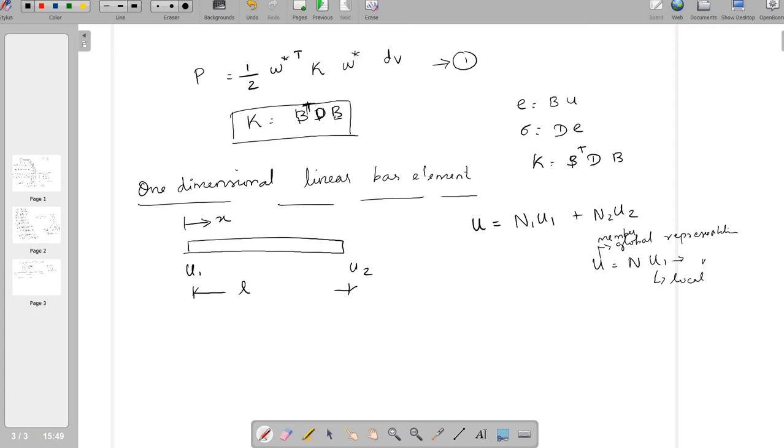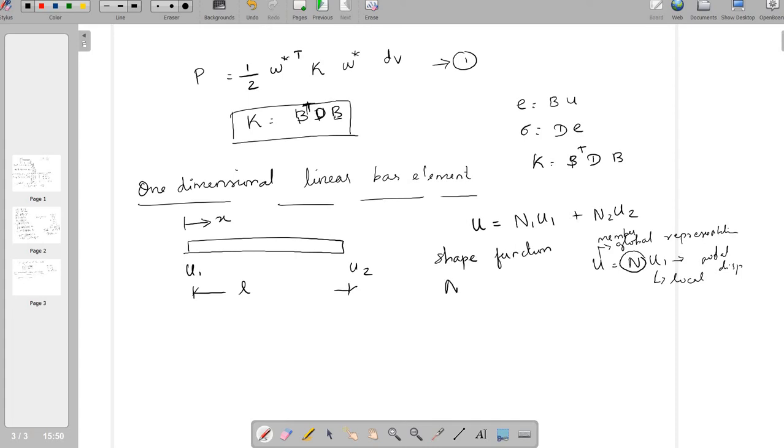This U1 is the nodal displacement. So if you connect the relationship between the global displacement, or member displacement, with the nodal displacement, that function is called the shape function.